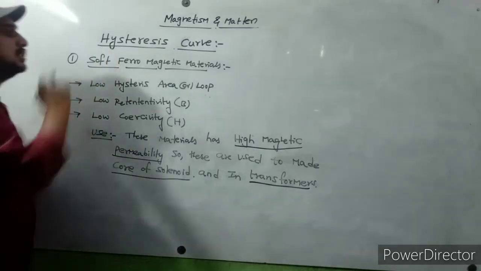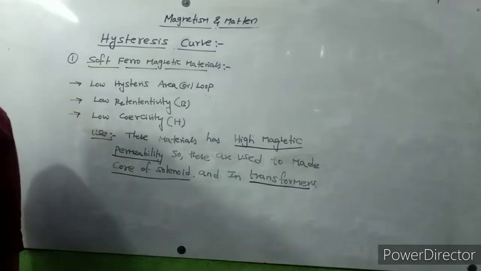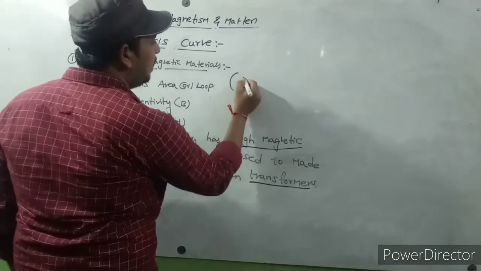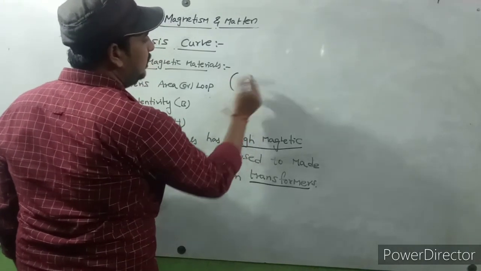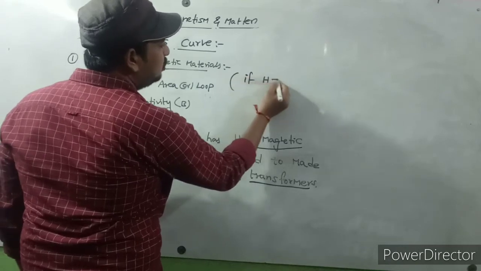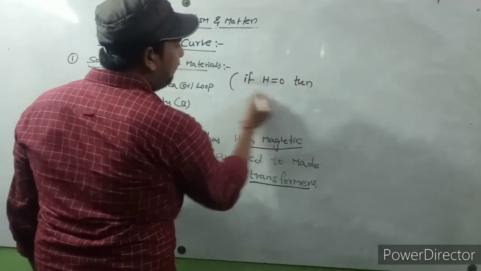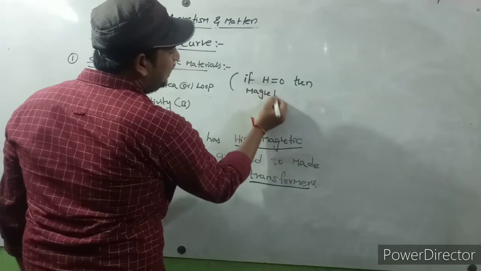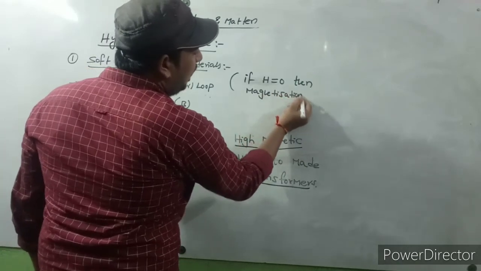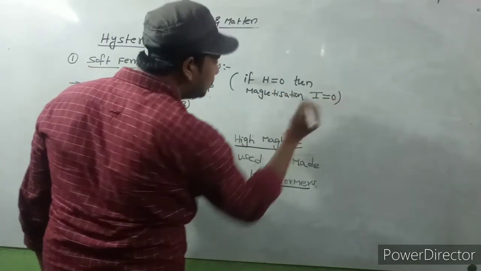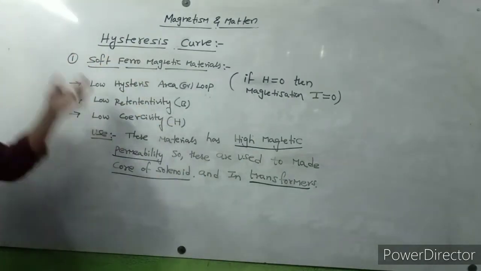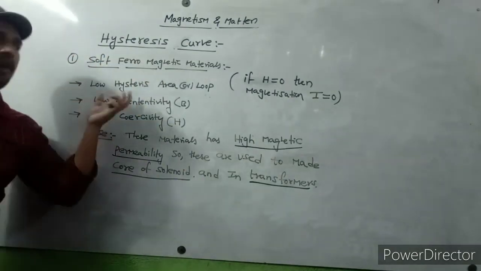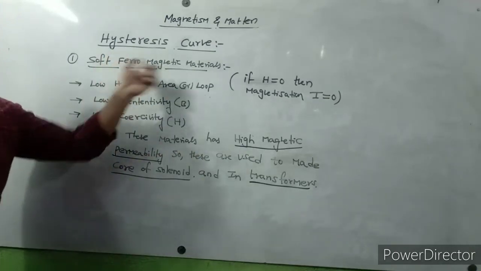So what materials are called soft ferromagnetic materials? If H is equal to 0, then magnetization I is also 0. Then those materials are called soft ferromagnetic materials.